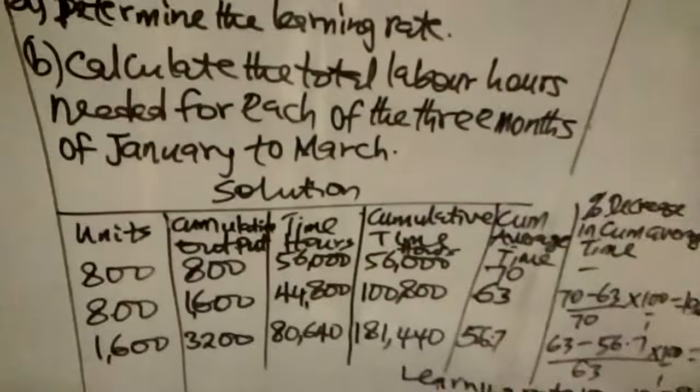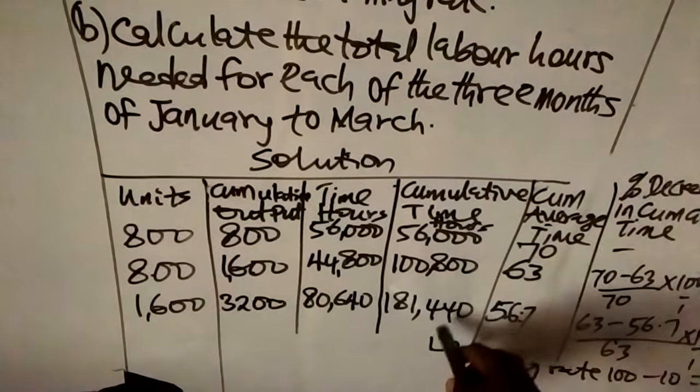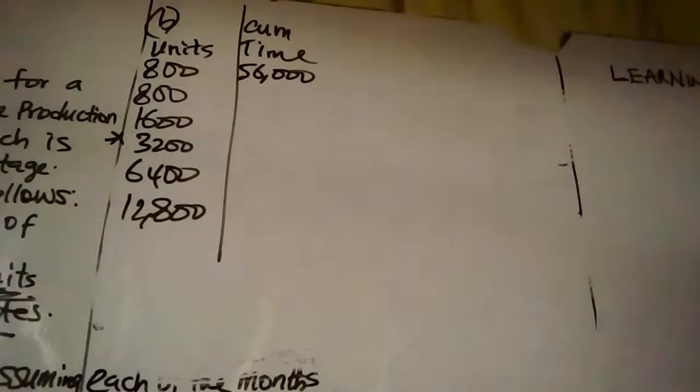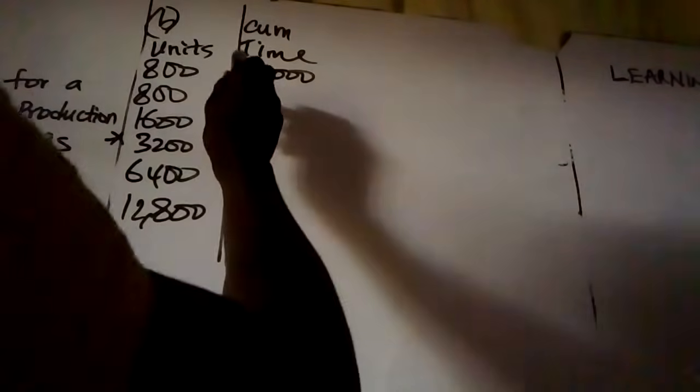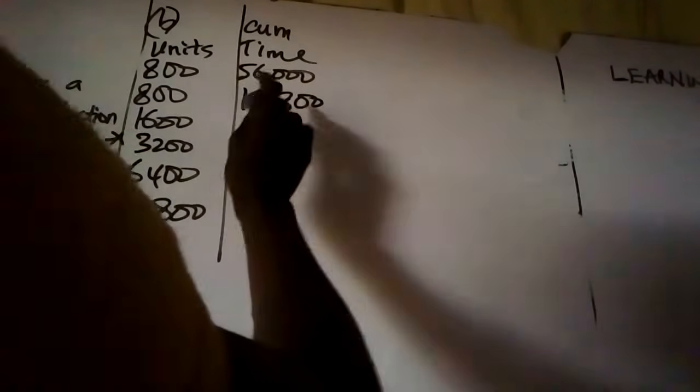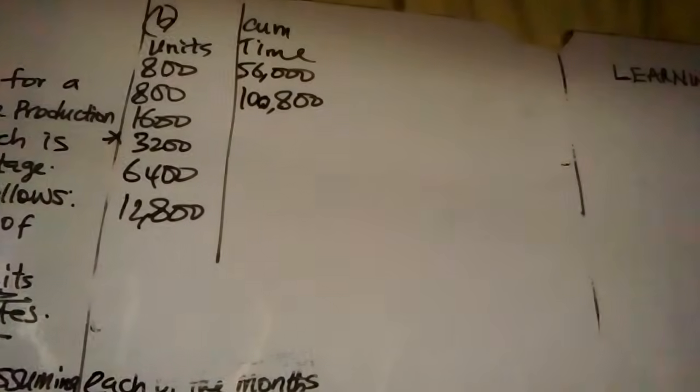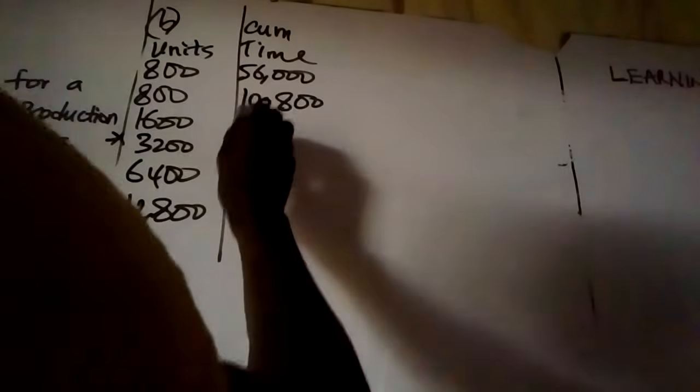Cumulative time, you have 56,000, then 100,800, and 181,440.